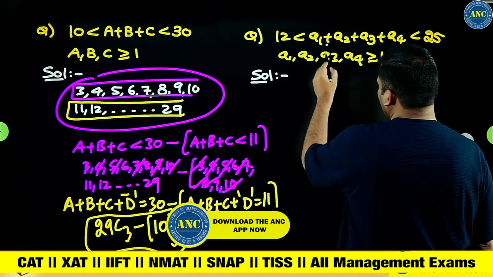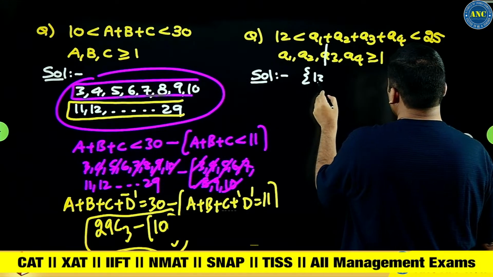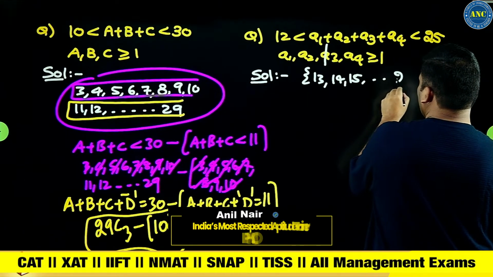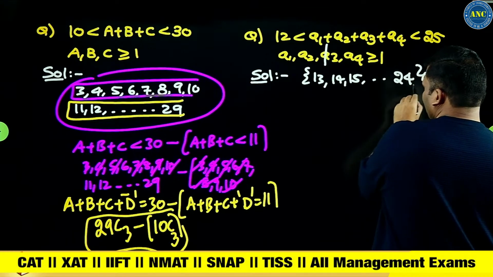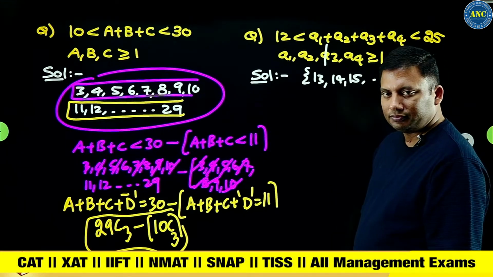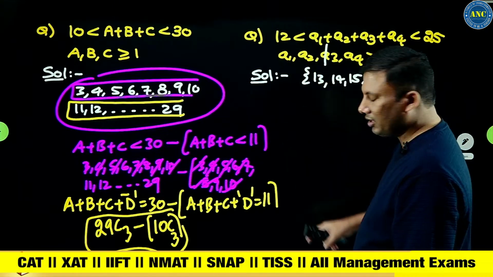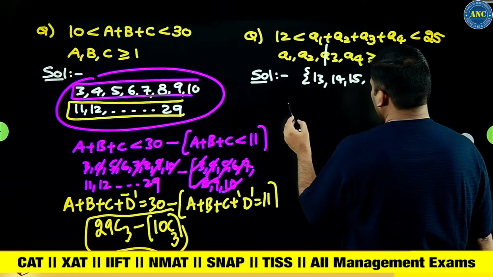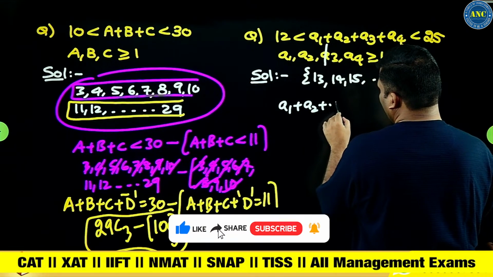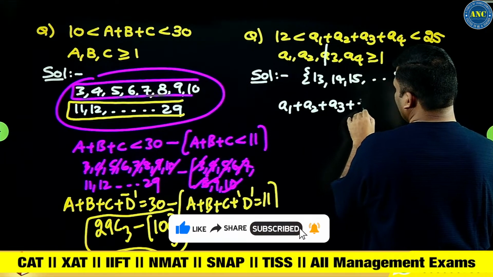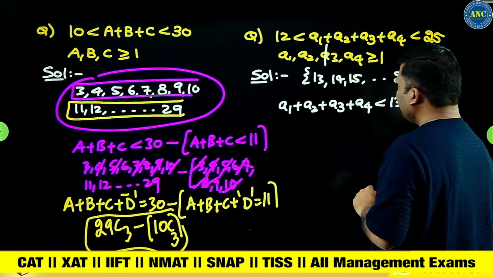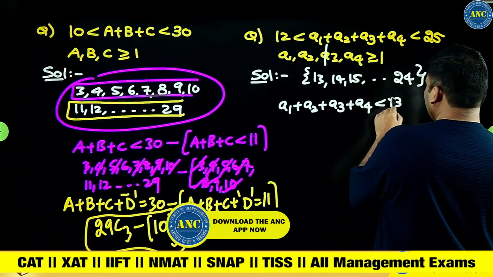That means it includes all the values 13, 14, 15 till 24. If it is not there, that means directly I am writing, sir, a1 plus a2 plus a3 plus a4 less than 25.